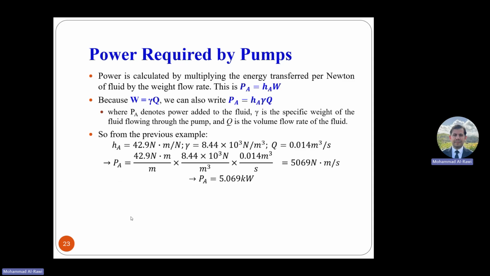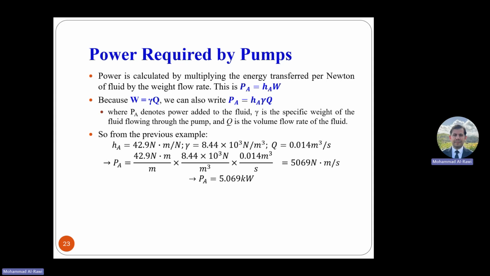So power equals HA times the weight flow rate. The weight flow rate is the specific weight of the oil times Q, the volume flow rate. The specific weight of the oil is the specific gravity times 1000, the density of water at room temperature, times 9.81, and you have the Q, which is given in the question.